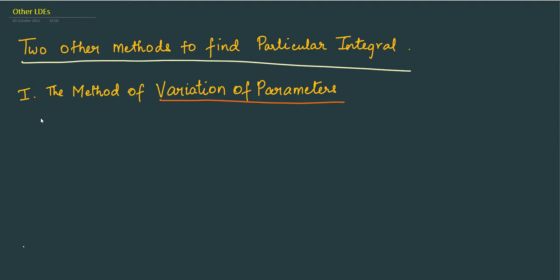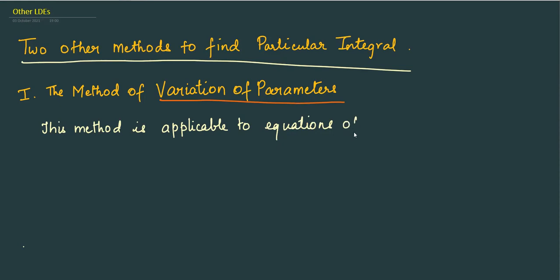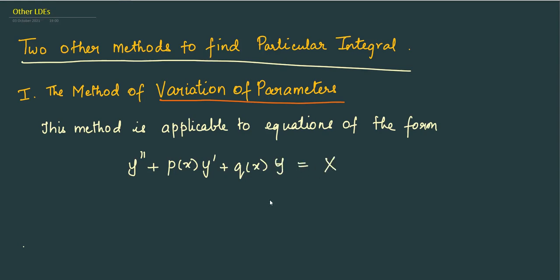So, this method is applicable to equations of the form y double dash plus p of x times y dash plus q of x times y is equal to capital X. So this is a second order linear differential equation, where these are not constants, they are functions of x.